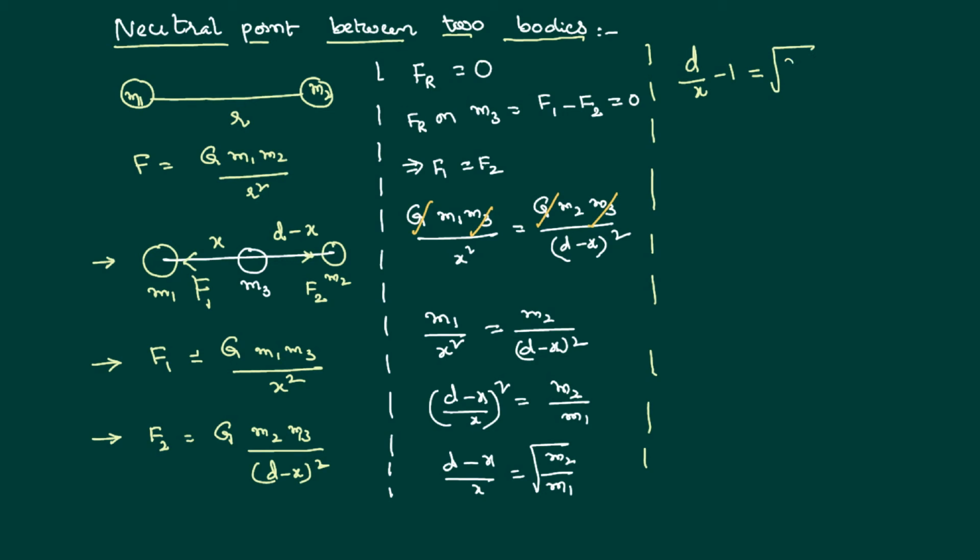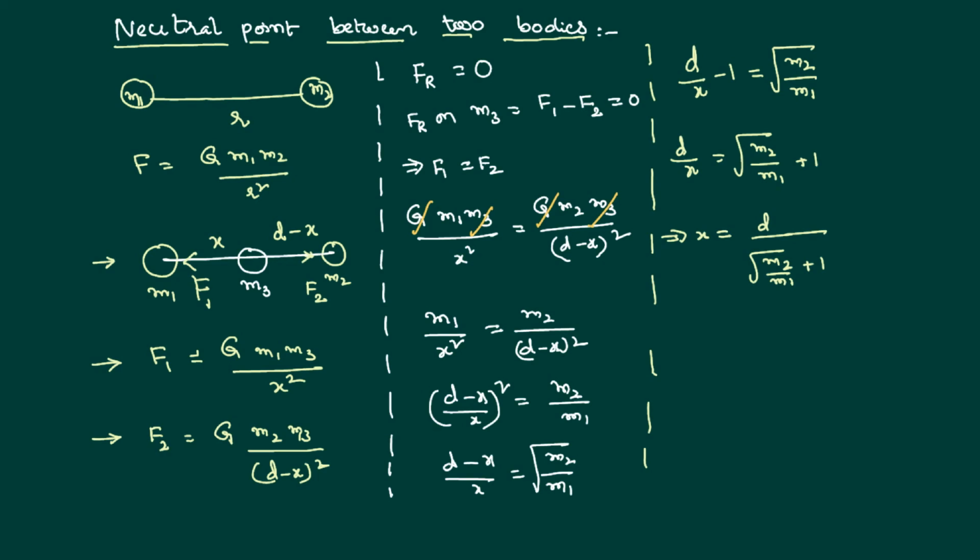By simplifying this equation further, dividing by x, d by x minus 1 equals square root of m2 by m1, so d by x equals square root of m2 by m1 plus 1. That implies x, where we get a neutral point where, though you keep a body m3, it is not going to experience any force, is this much.